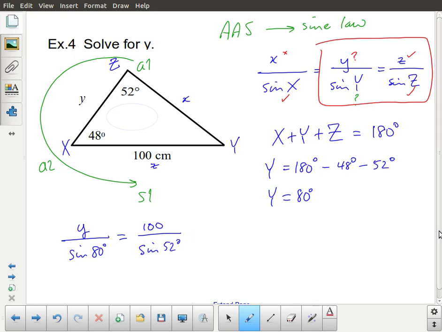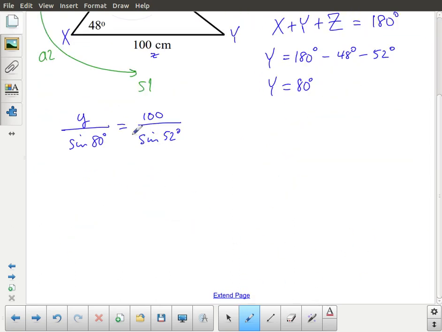As I stated in an earlier question, I prefer to do my algebra first. In this case, rather than do a full cross multiplication, I'm basically going to multiply by sine 80 on both sides.